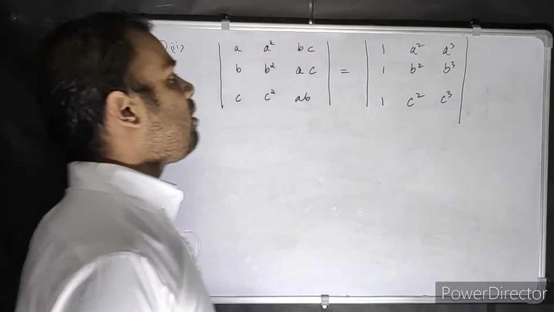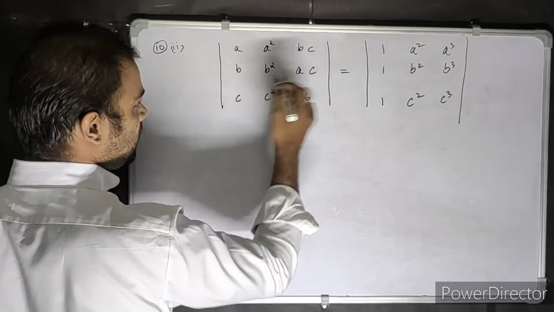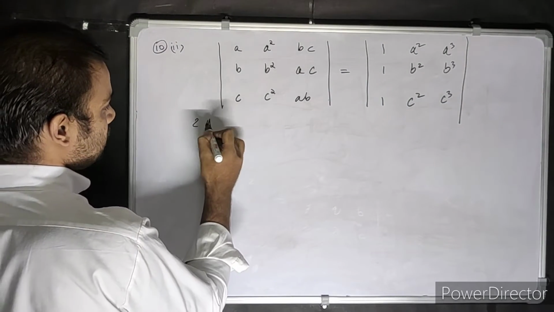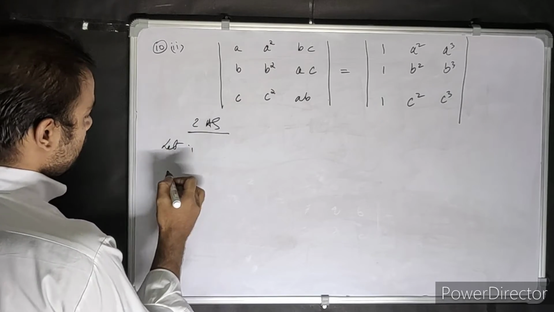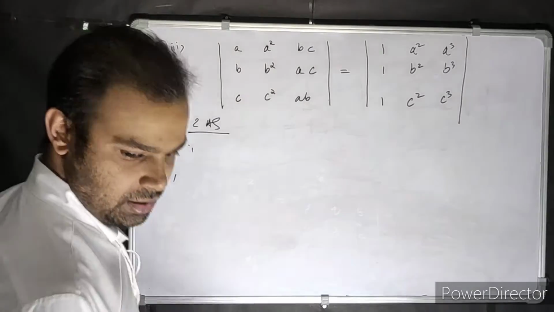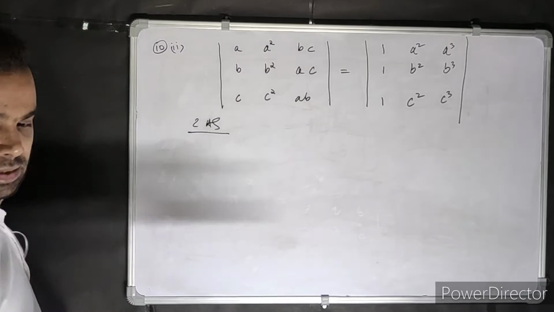Fairly easy sum, very easy question actually. So start with the LHS, you don't have to write determinant 1, just start with LHS.